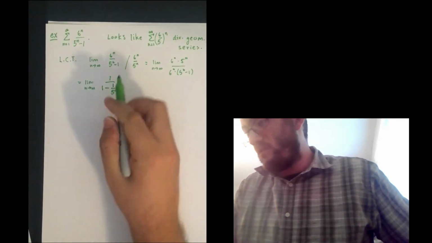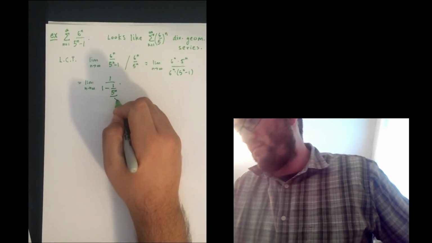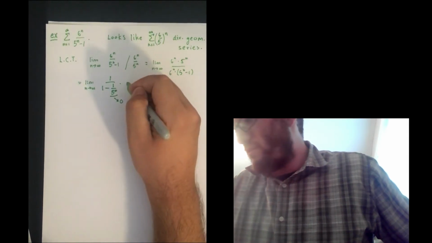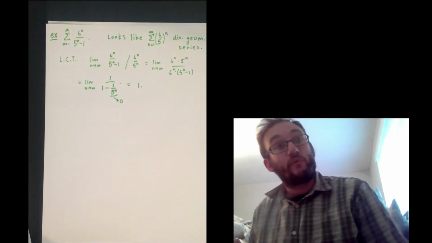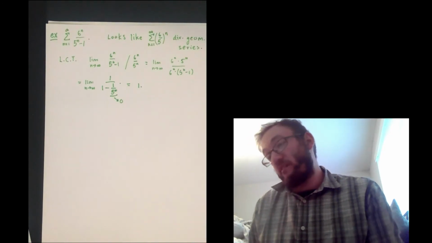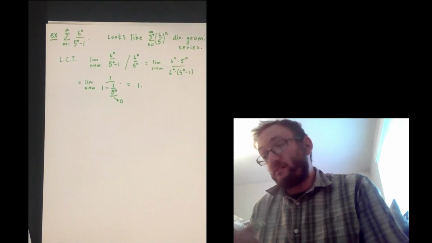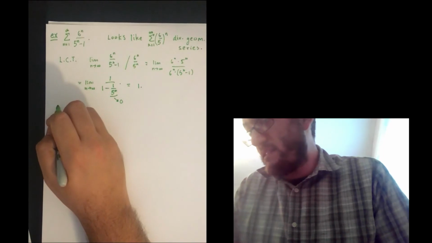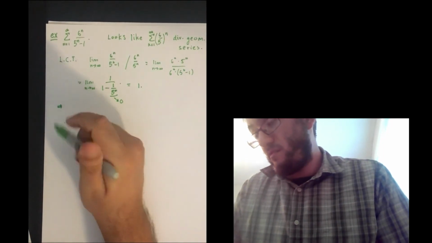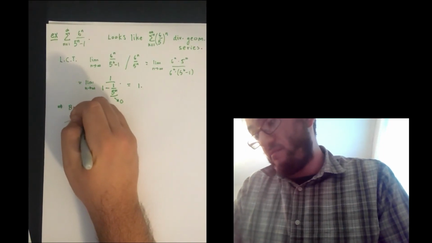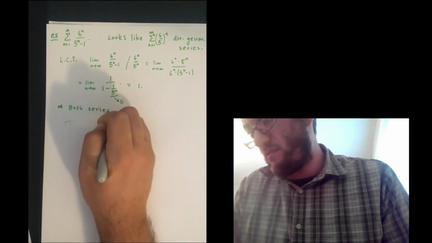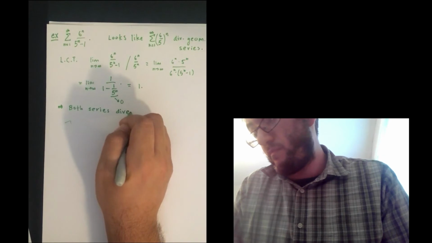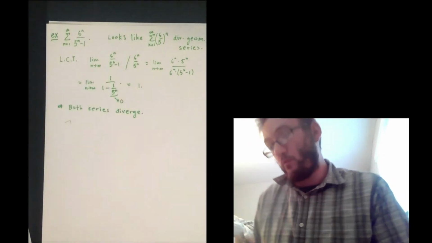Clearly, this term is going to 0. So this limit is 1. And that's exactly what we want from the limit comparison test. It's a finite number, it's greater than 0. So this means that both series, in this case, diverge because it's a divergent geometric series.